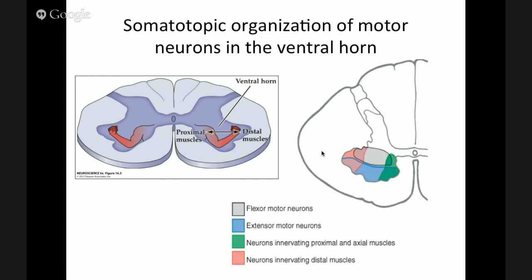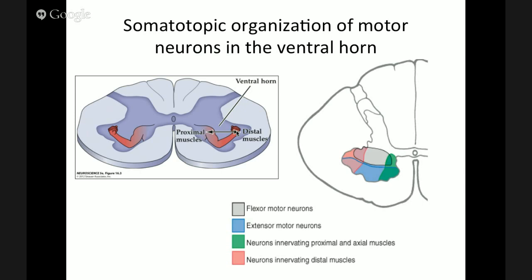So looking at the ventral horn, the location of the motor neurons within the ventral horn, these tend to be organized somatotopically. So the drawing of the limb here represents the axial muscles going out to the proximal limb to progressively more distal muscles in the limb.